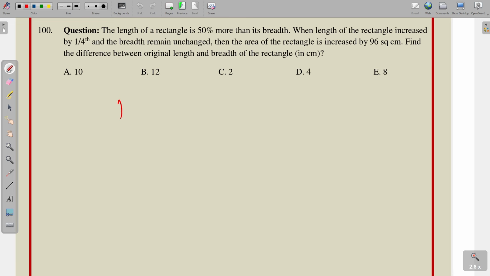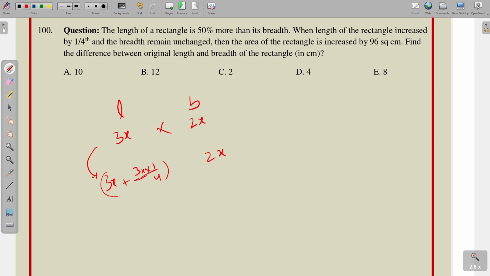Next question. The length of rectangle is 50% more than its breadth. Breadth is 2x, length is 3x, 50% more. When the length of rectangle is increased by 1/4, means 3x plus 3x into 1/4, and breadth remains unchanged.